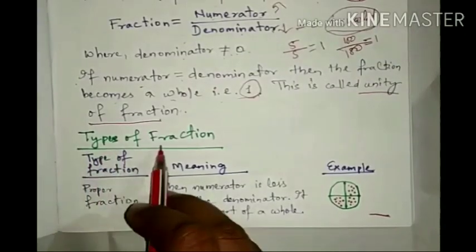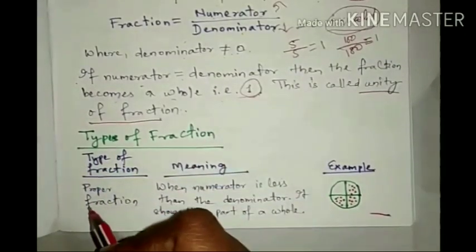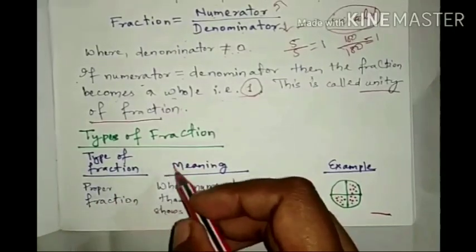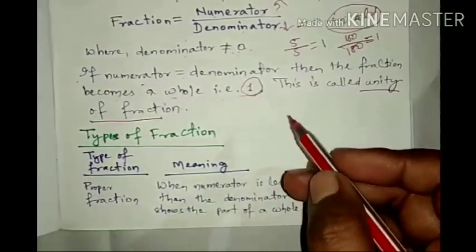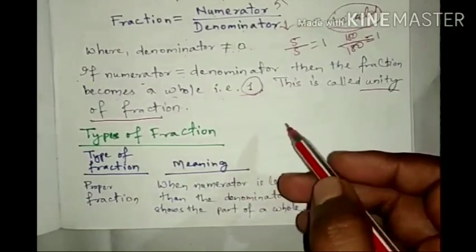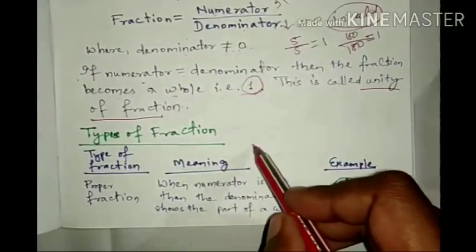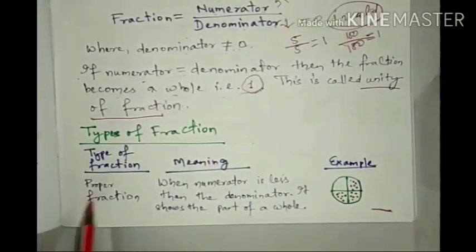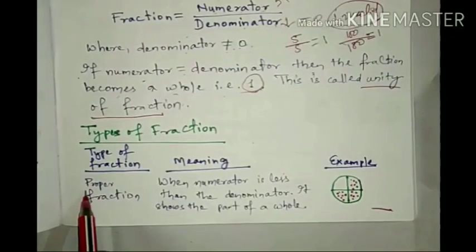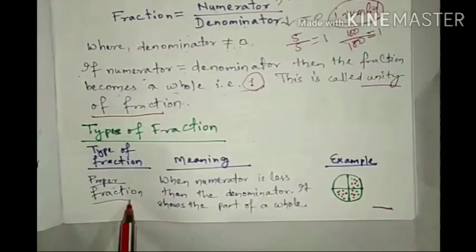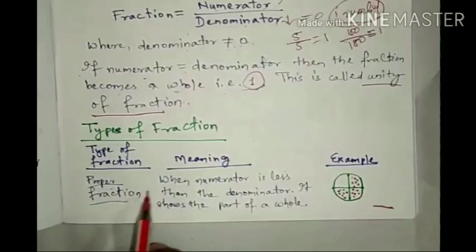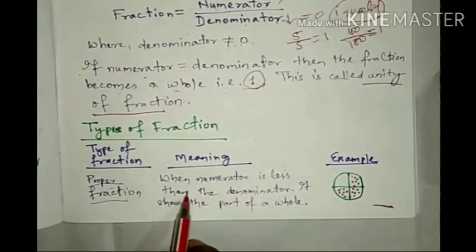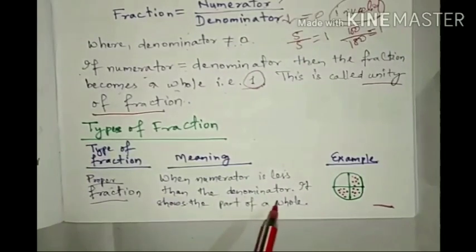Next, types of fraction. Many fractions you have learnt, like proper fraction, improper fraction, like fraction, unlike fraction, mixed fraction. So we'll recall that in this part. First is the proper fraction. What is called a proper fraction? When the numerator is less than the denominator, it shows a part of a whole.